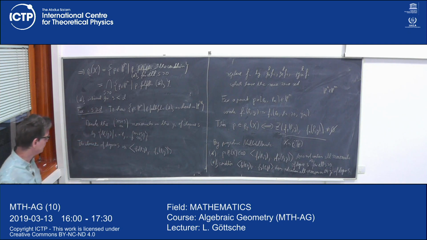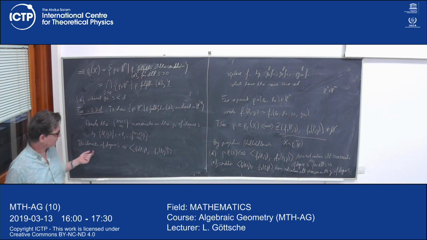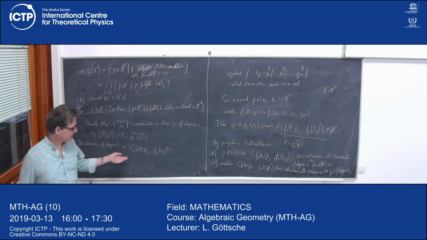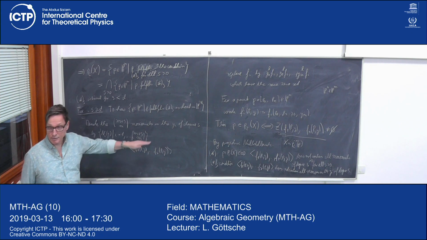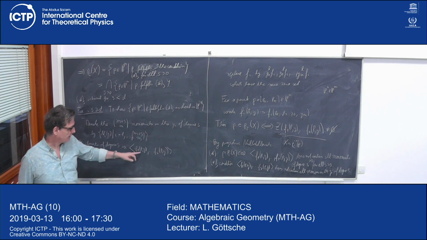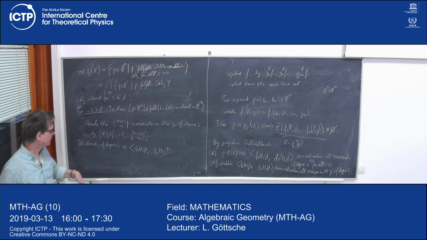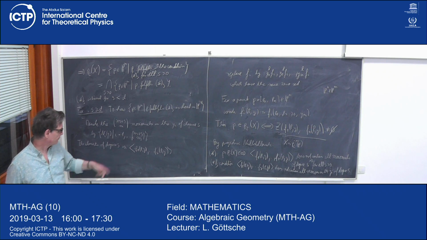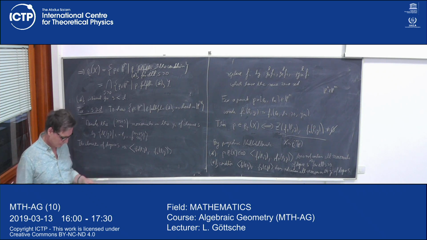Well, these are all the elements which we can write as a linear combination, by multiplying an element here by a monomial. A basis of this is given by multiplying one of these by one of the monomials of the corresponding lower degree.